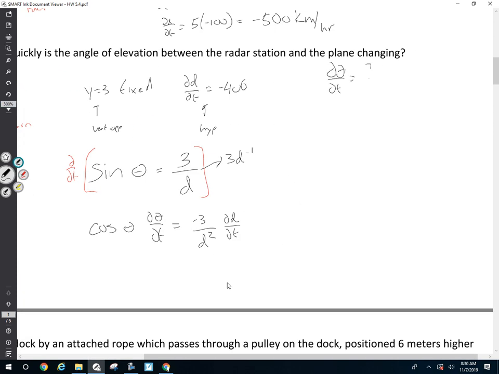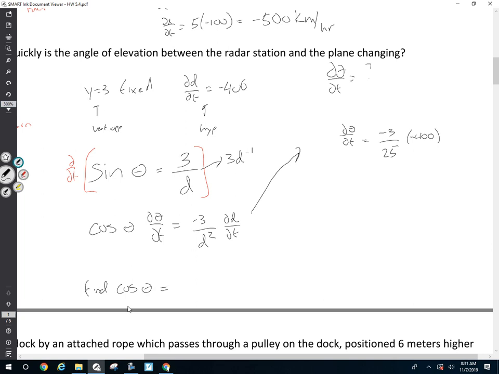Okay? Now this is great because I have d, 5, I have dd/dt, negative 400, I'm trying to find d theta/dt. I'm going to need to find the cosine of theta.